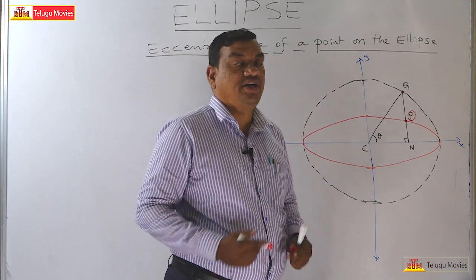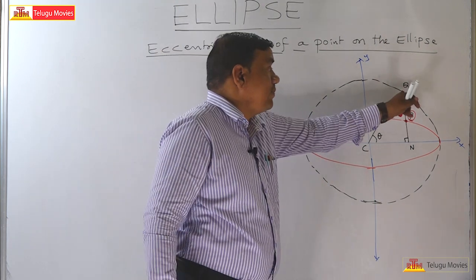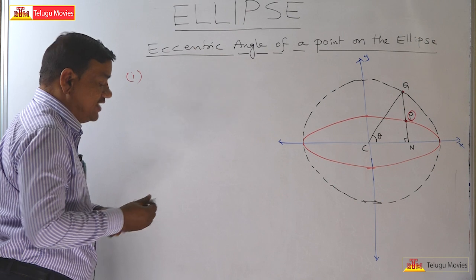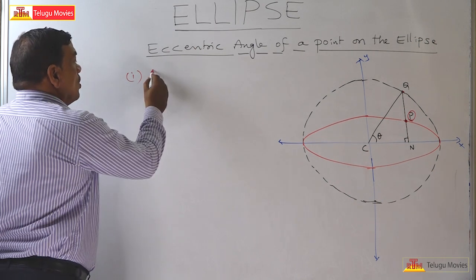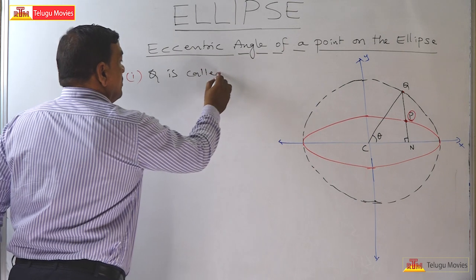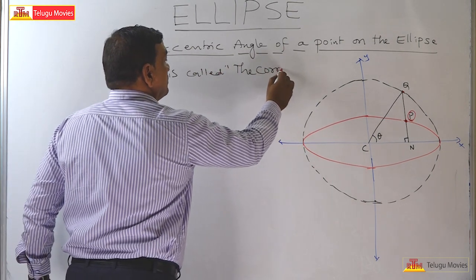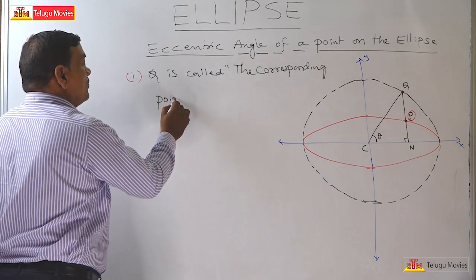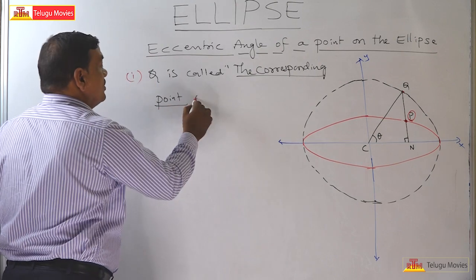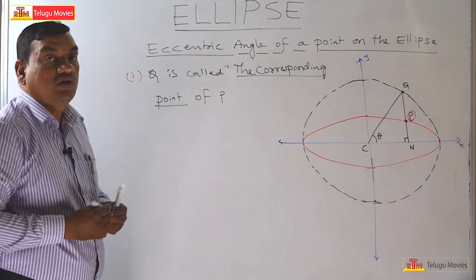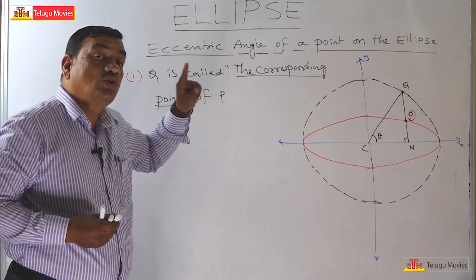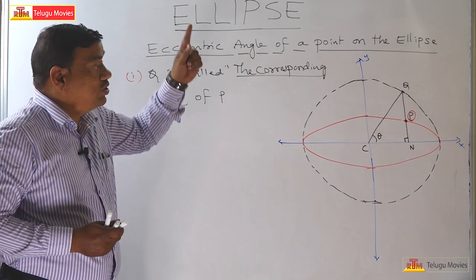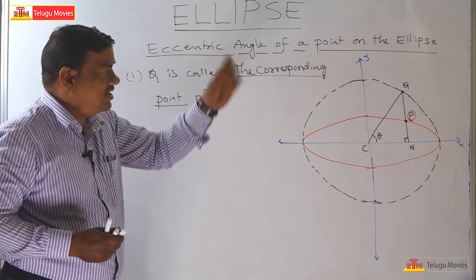Now the first point to be learned here is that Q is called the corresponding point of P. Q lies on the auxiliary circle, and P lies on the ellipse, so Q, P and N are collinear, on the same straight line.